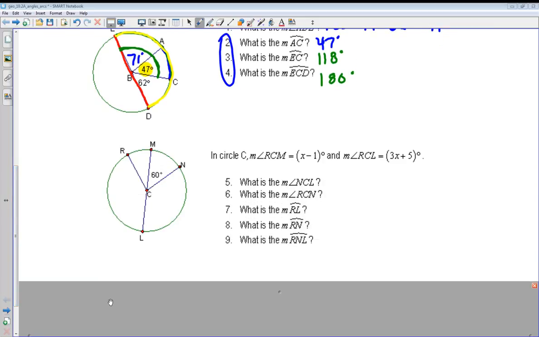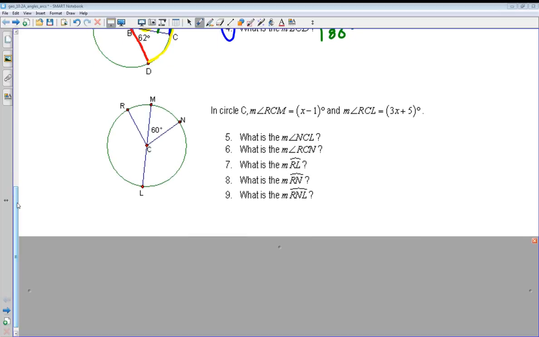So last little bit of examples here, a little bit more difficult. We see that we've got some algebra involved right in there. Angle RCM is a central angle because its vertex is at the center point. So we've got angle RCM, which is right here. We've got angle RCL, which is going to continue out to there.